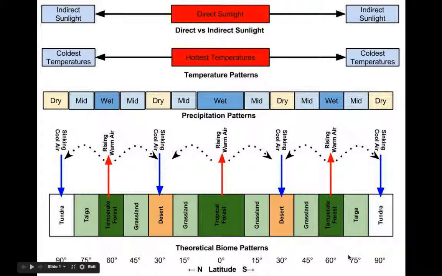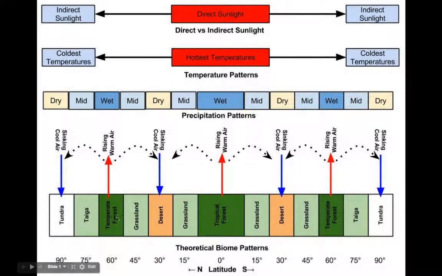Well, really, what we're looking for here are the general relationships and some patterns within the biomes. And what I want you to notice first is we go dark green, light green, brown, light green, dark green, light green, all white.